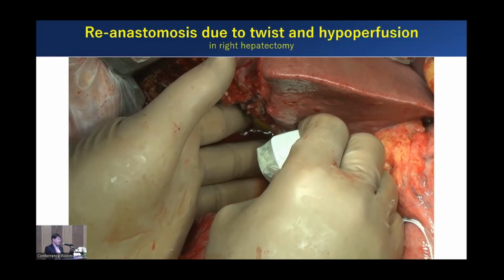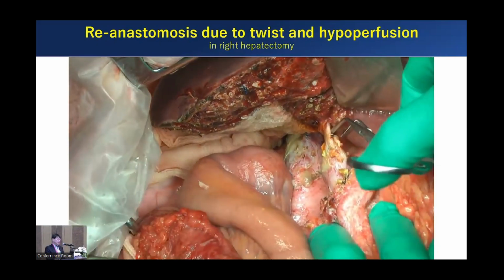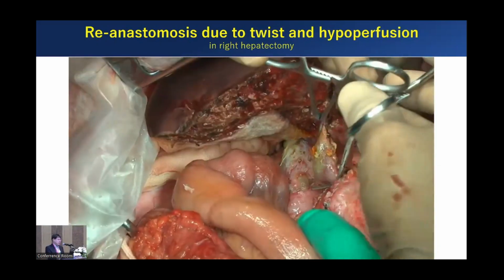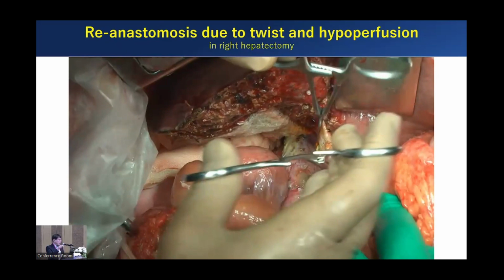So the 3rd anastomosis is shown. This time, we place the vascular clamp in a different way, straight from the ventral to the dorsal side. So sometimes the vascular clamp angle and repeated distance is very important.